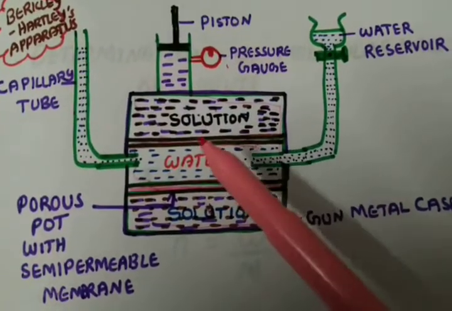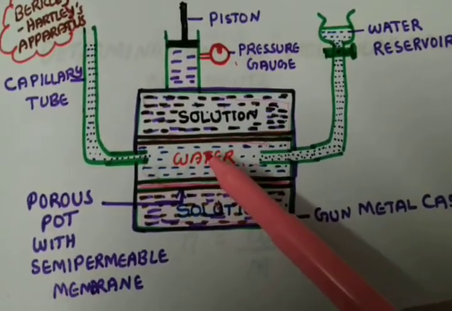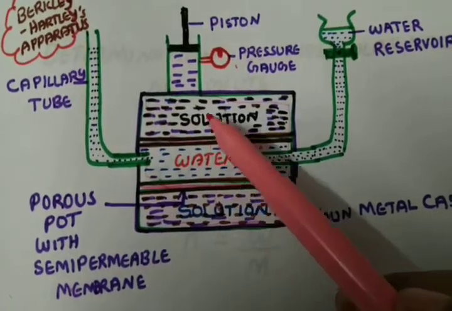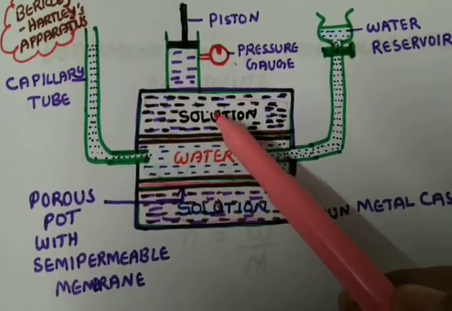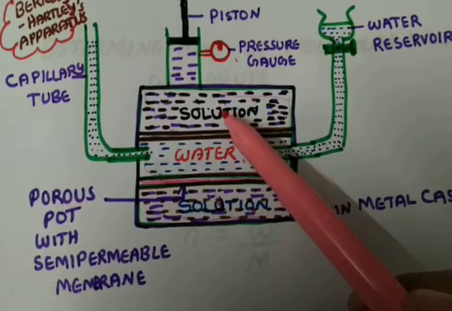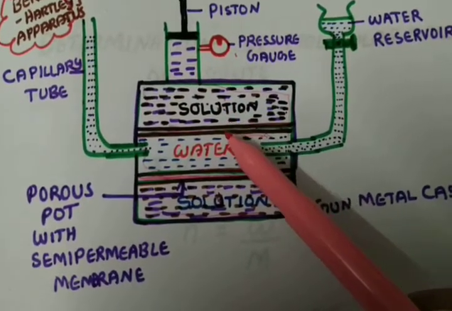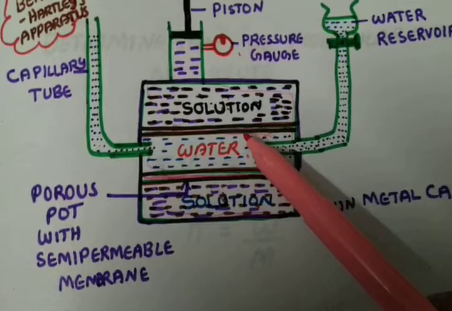We know osmosis is the flow from pure solvent to solution. But osmotic pressure is the excess minimum pressure to prevent osmosis.